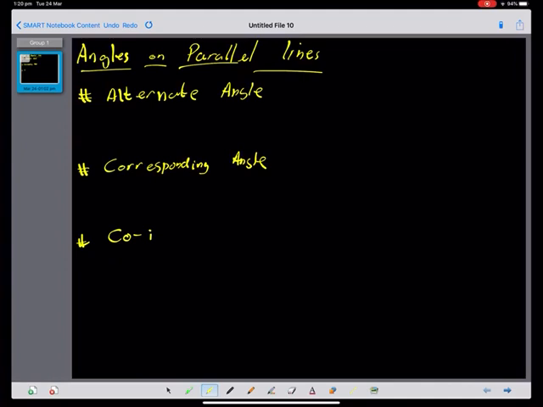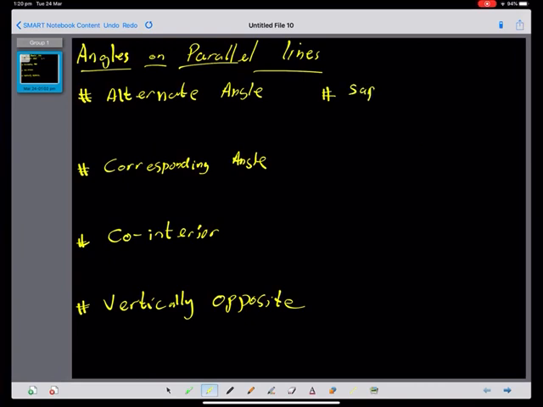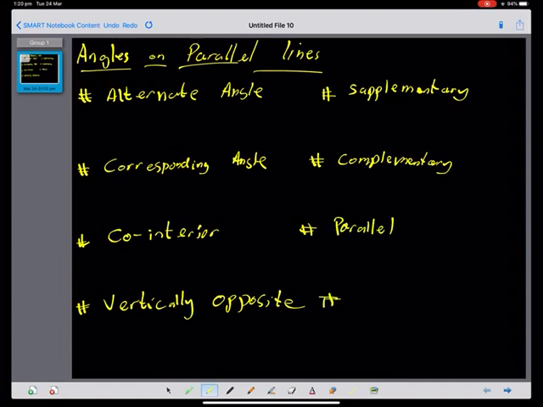Co-interior. And finally, vertically opposite. And you can also have a go at doing supplementary and complementary. And why not do parallel? And why not do transversal?